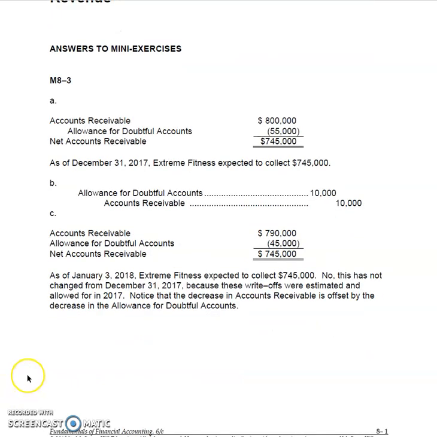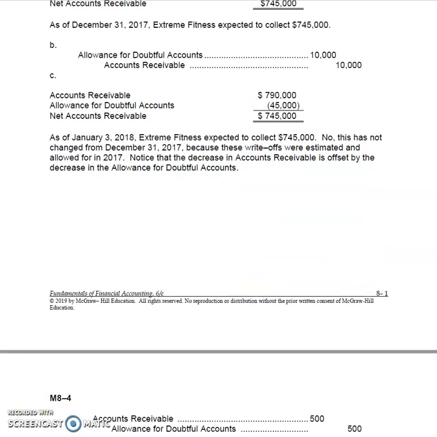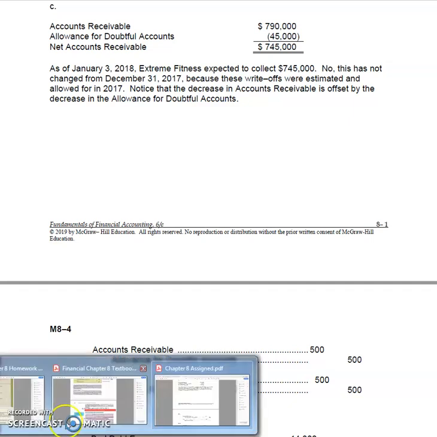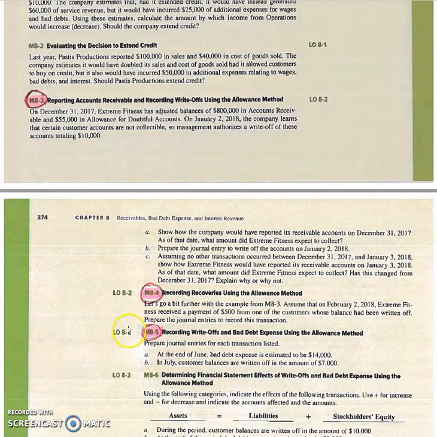All right, at this point I would ask any questions, but we're just going to move on to the next one. So here is the question. Let's go a bit further with the example from M83.